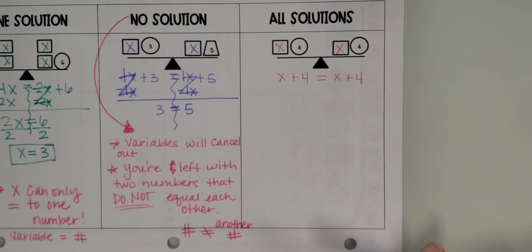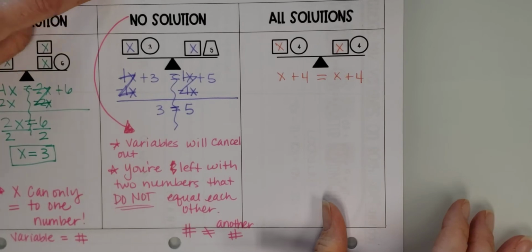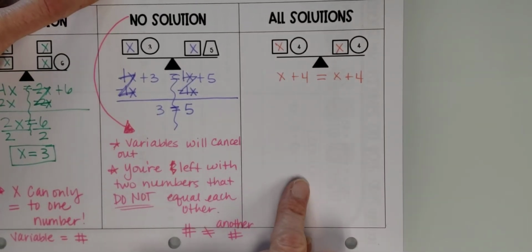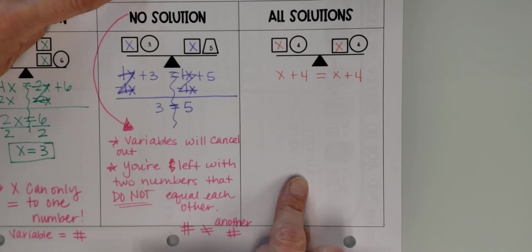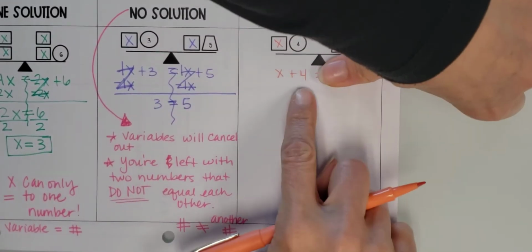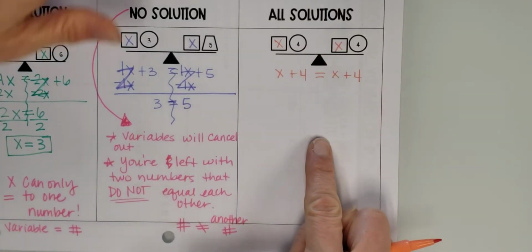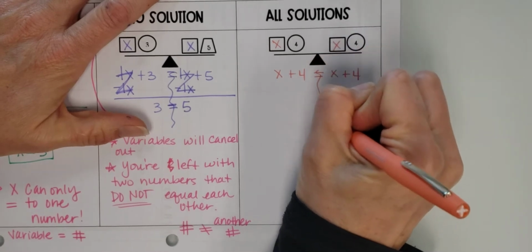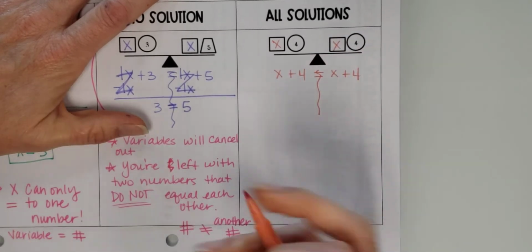So our first thing in Don't Call Me After Midnight is D. There's nothing to distribute, no grouping symbols. The next one is C, to combine. Nothing to combine there, nothing to combine there, so there's no combining. The M is move, so we want to move our variables to one side of the equation.